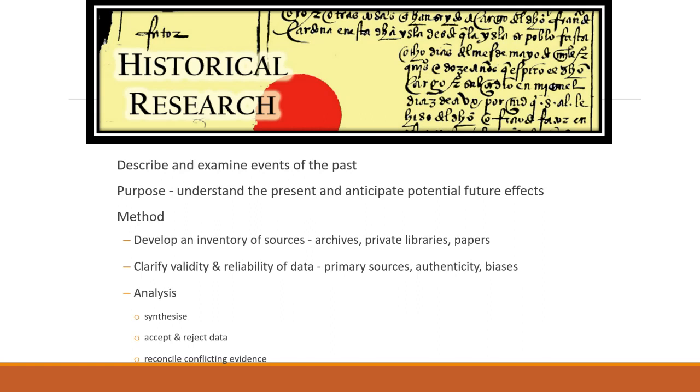And the method is that when you've looked at the archives, libraries, the papers, you also need to be thinking about the validity and reliability of the data. Who wrote? Who are the sources? Can they be verified? Authenticity, the biases that are there. We know some of the distorted histories that are currently with us.